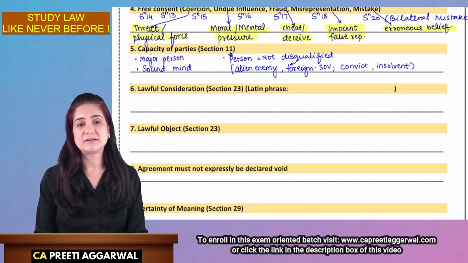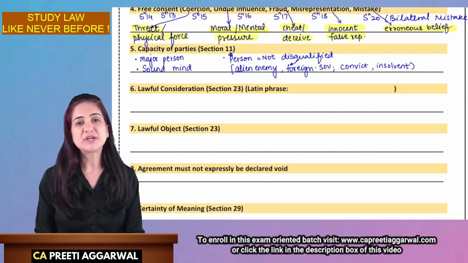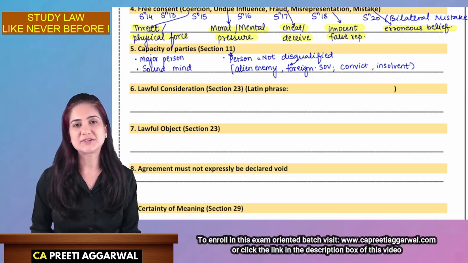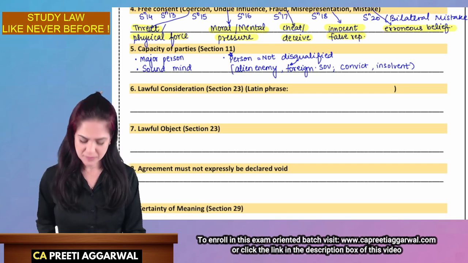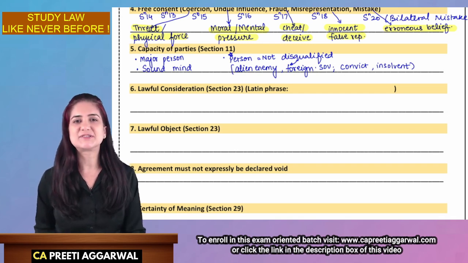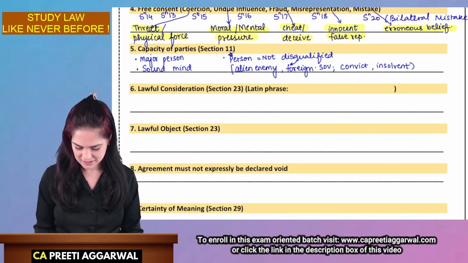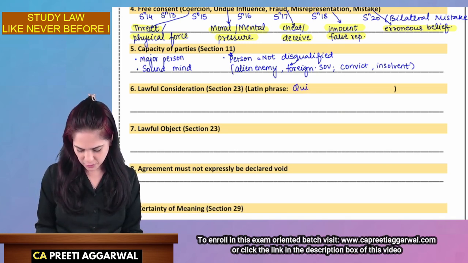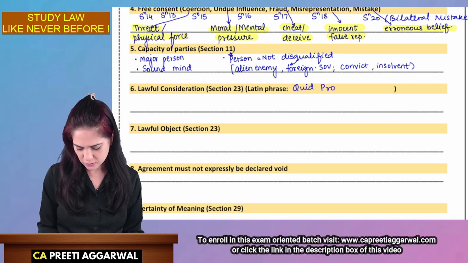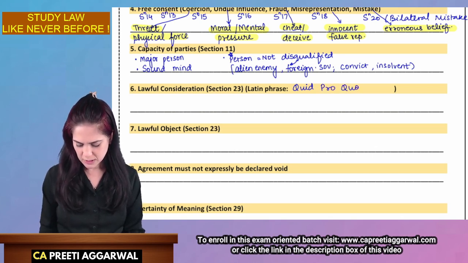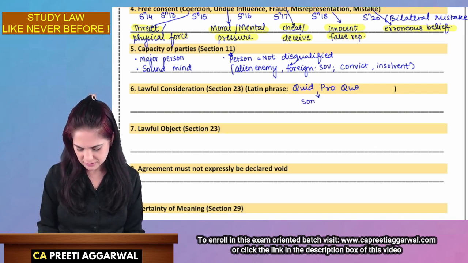There must be lawful object and lawful consideration, section 23. What is the meaning of consideration? What is the Latin phrase? Quid pro quo. Quid pro quo means something in return.